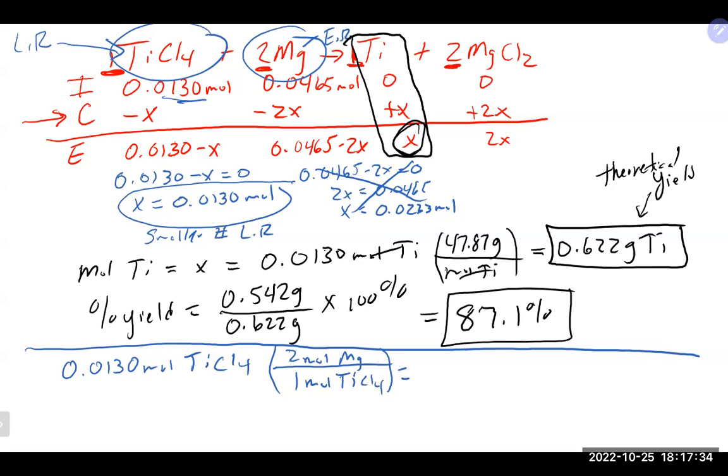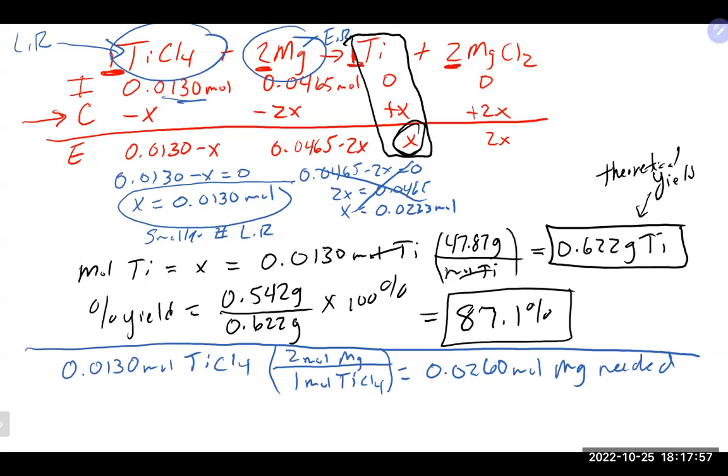And if you do that, 0.0130 times 2, you would need 0.0260 moles of magnesium. And this calculation is what you would need of magnesium to completely use up all of your TiCl4 in this case.